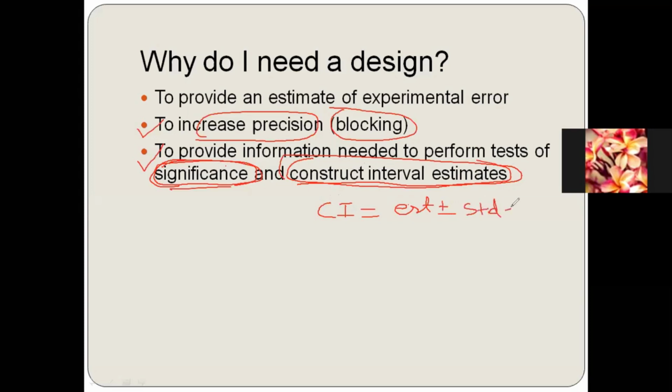Standard error of estimate. So this is how we put up the confidence interval, right? So constructing interval means the confidence interval. Whether it is 90% or 95% confidence interval, that we can decide, right?